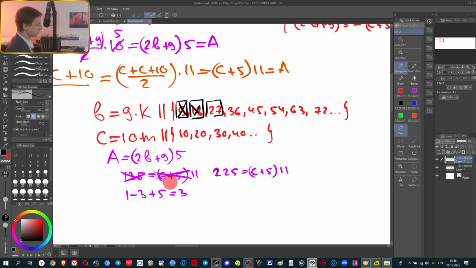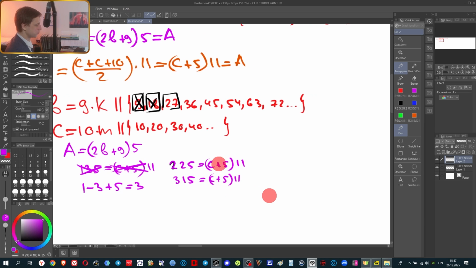Next, b equals 27: 54 plus 9 is 63, times 5 is 315. So a is 315, which should be represented as (c plus 5) times 11. And again, 315 is not divisible by 11. 3 minus 1 plus 5 doesn't work, so 27 doesn't work. Now we are going to 36, the next option.